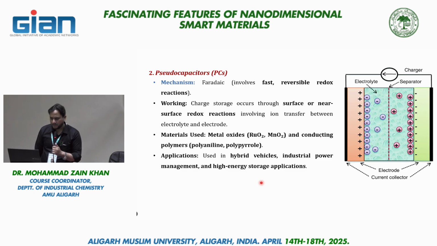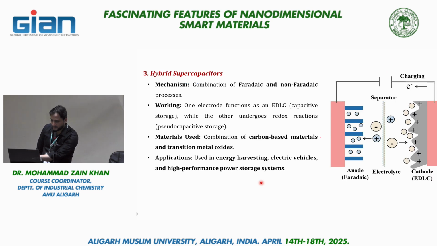And the materials used, as I said earlier, metal oxides are preferred. You can even directly use metals, metal salts, metal oxides. You can also use conducting polymers. And these types of supercapacitors are used in hybrid vehicles which work on both petrol and batteries, industrial power management, and high-end energy storage applications.